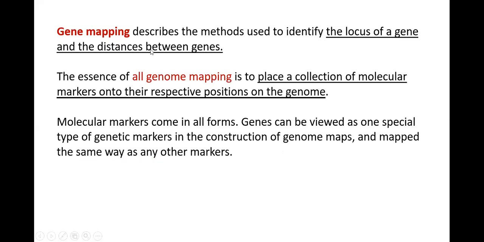Gene or genome mapping describes the method to identify the locus of a gene and the distance between genes, how closely they are located on a given chromosome or genome. Thus, the essence of whole genome mapping is to place a collection of molecular markers at their respective positions on the genome and detect which genes are located there based on the molecular markers.